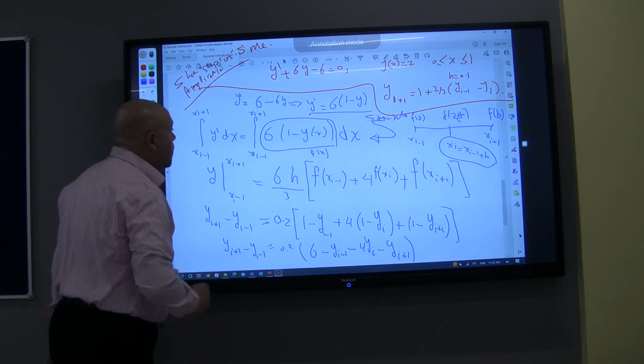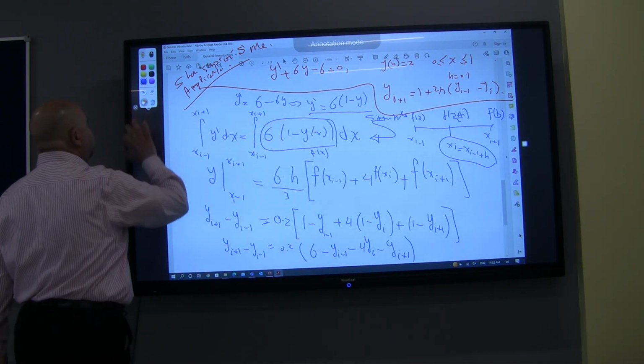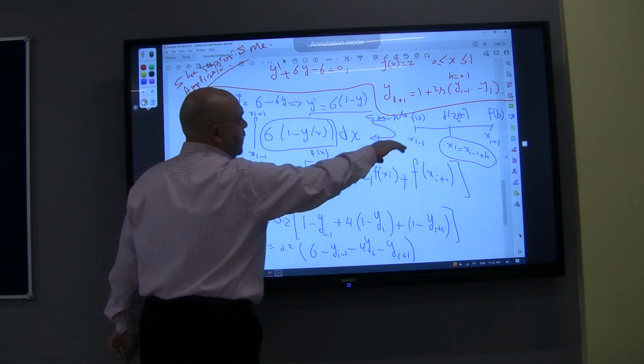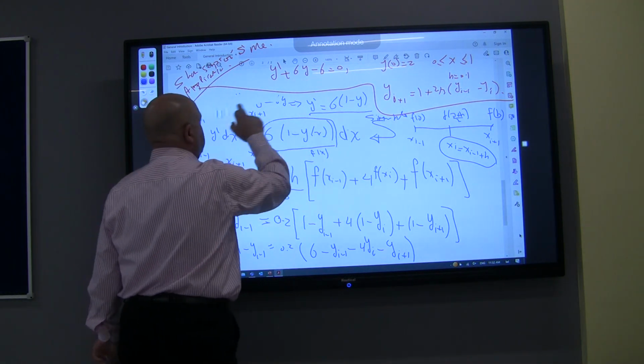Okay. I will try to clear the area above. I will leave this one just to check our solution.